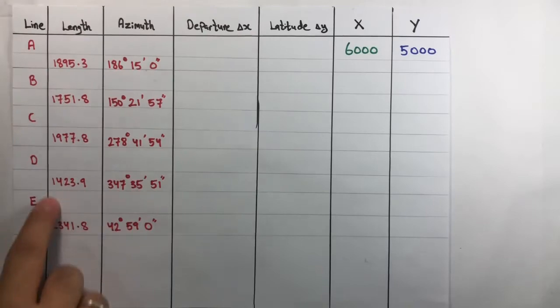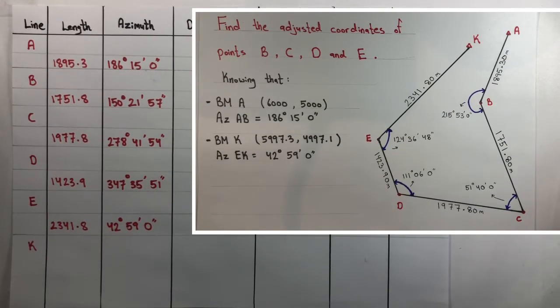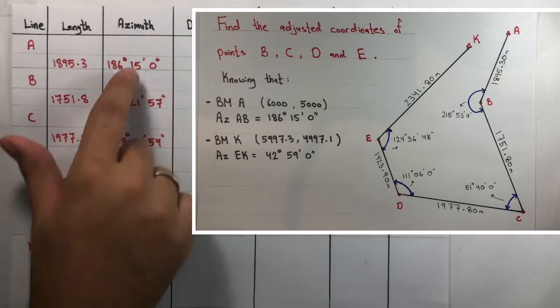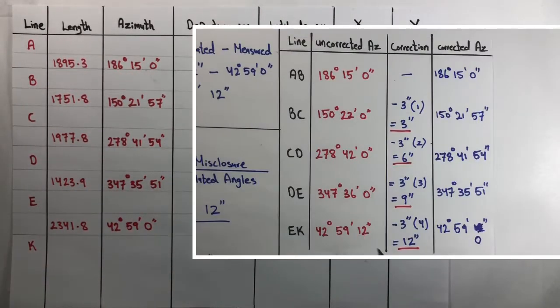First of all, we got the lengths from the question as shown here, and the azimuths, these are the adjusted azimuths. We got them from step 2 of this question as shown as well.